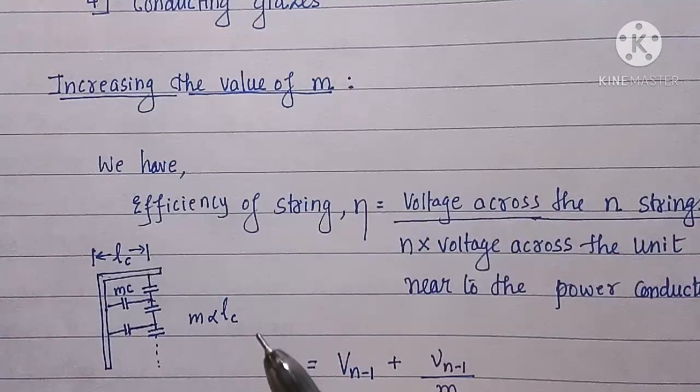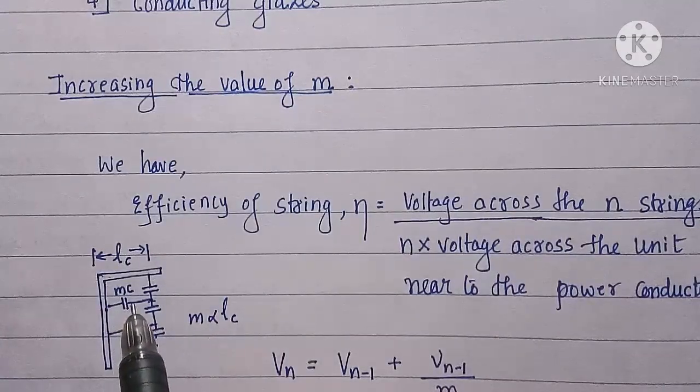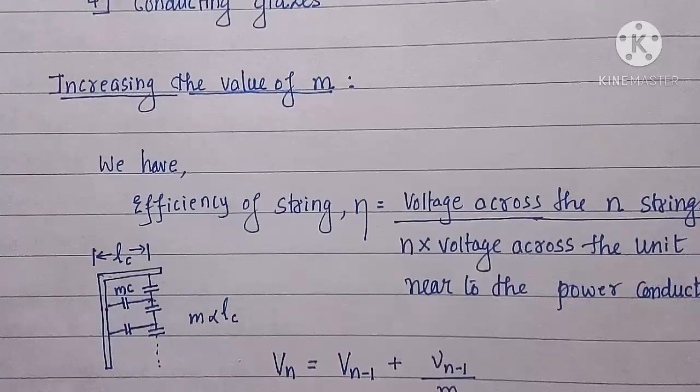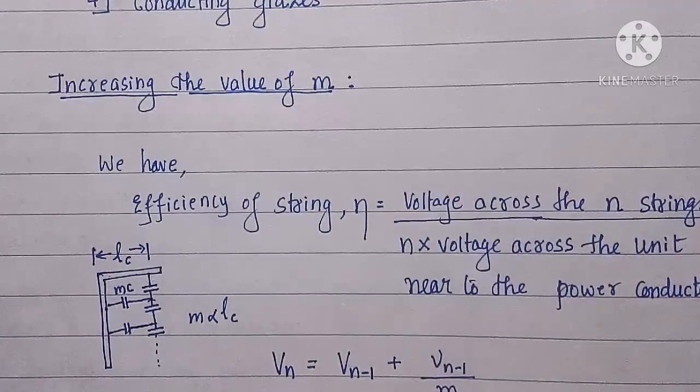In the interest of making efficiency equal to 100%, the cost of the cross arm itself will become very, very high. So such things should also be avoided. Practically, it has been found that m value greater than 10 is not economical, or value of m greater than 10 is uneconomical.